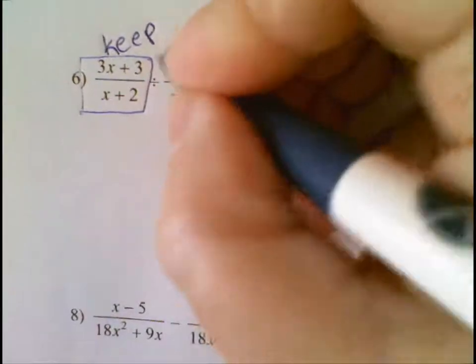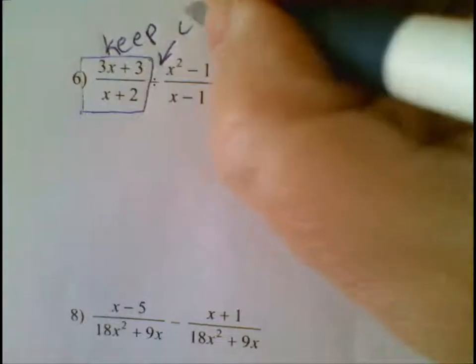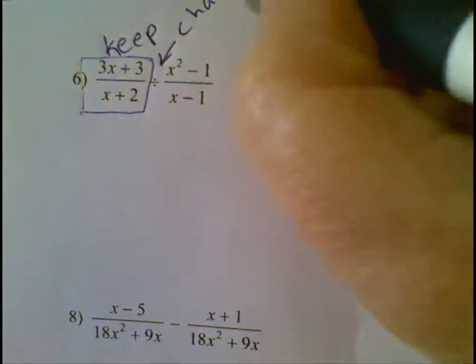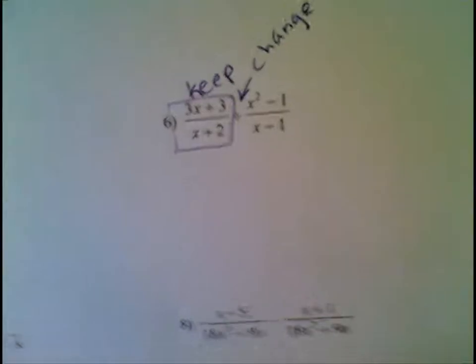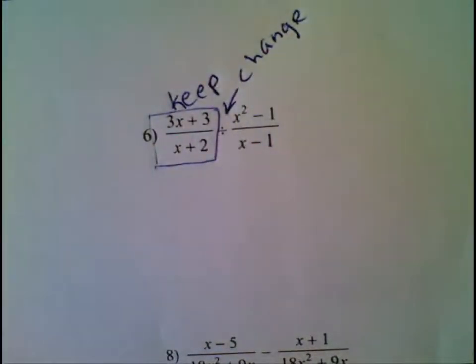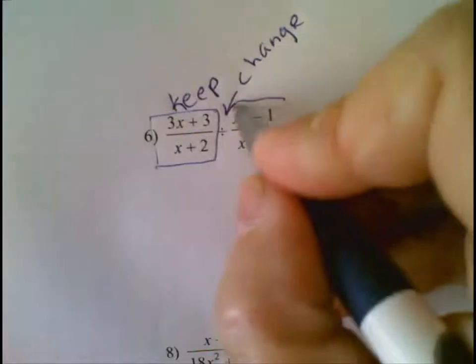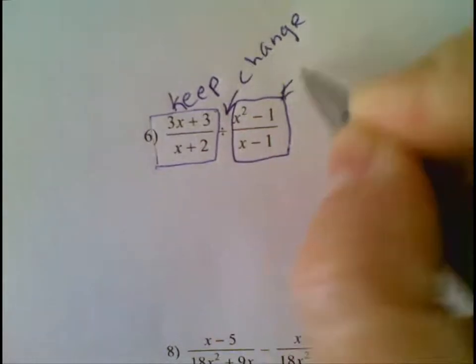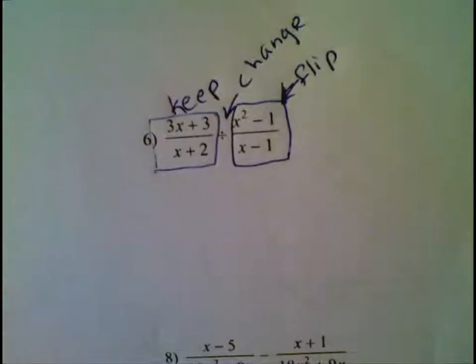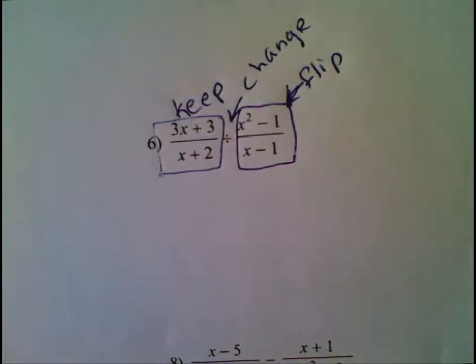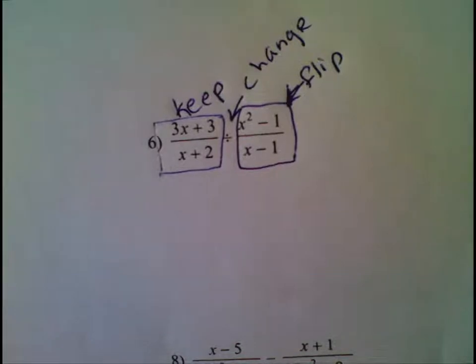We're going to change the division to a multiplication, and we're going to flip the second fraction, meaning we're going to change places for the numerator and the denominator. We're going to turn it upside down.